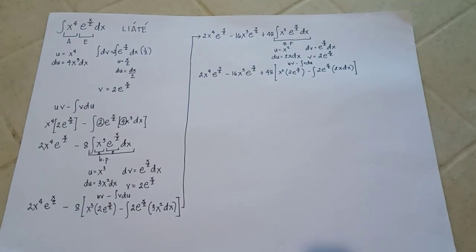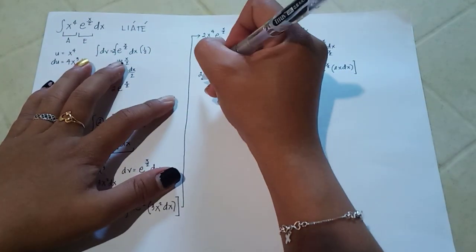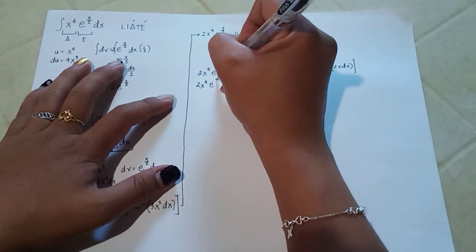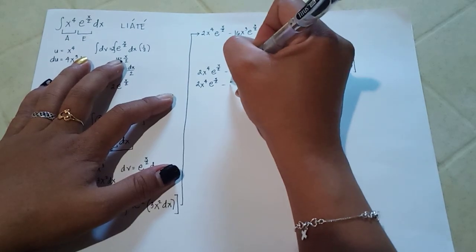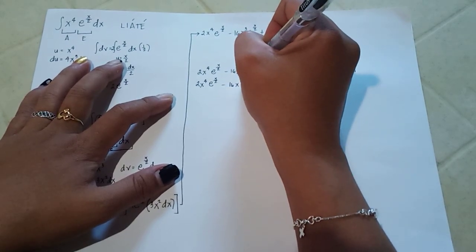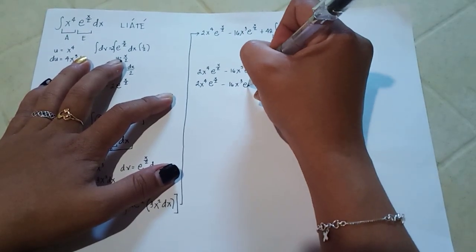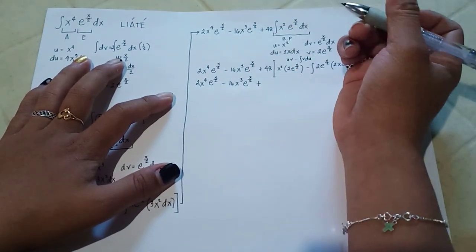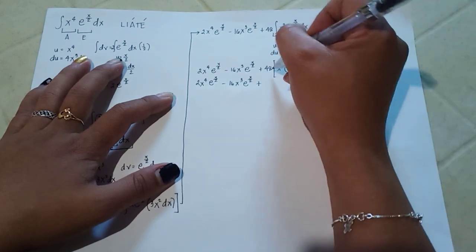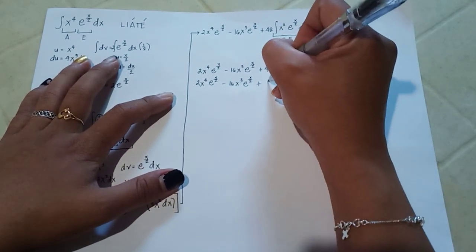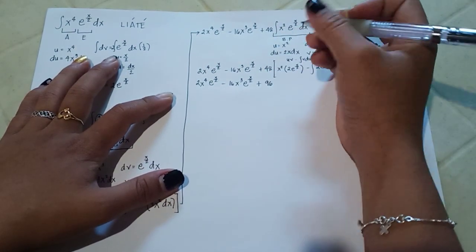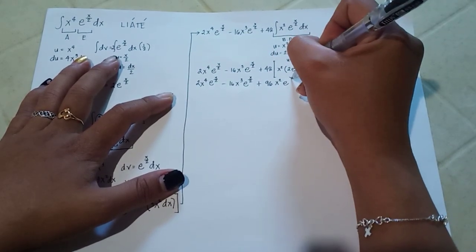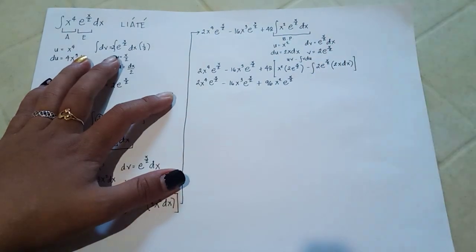So, writing the equation, you will now have 2x raised to 4 e raised to x over 2 minus 16x cubed e raised to x over 2 plus 48 multiplied by 2, that is 96, right? x squared, then e raised to x over 2.